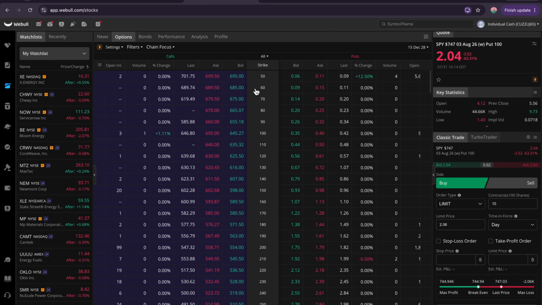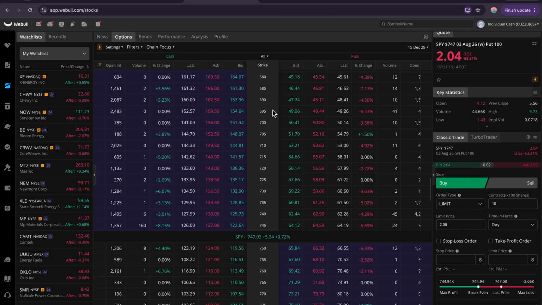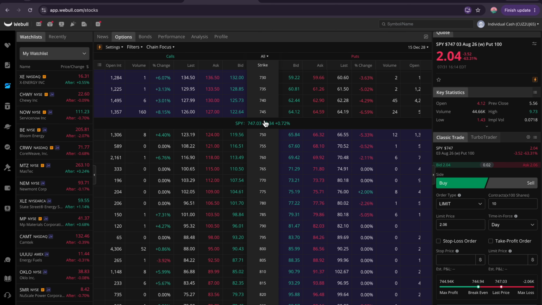And as we go deeper and deeper, we can see if you bought a $50 strike on SPY that expires in December 2028, the contract value is worth $69,500.